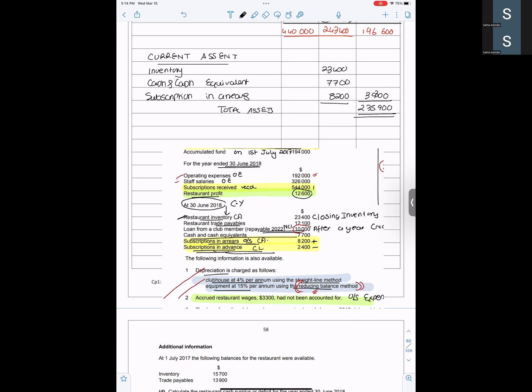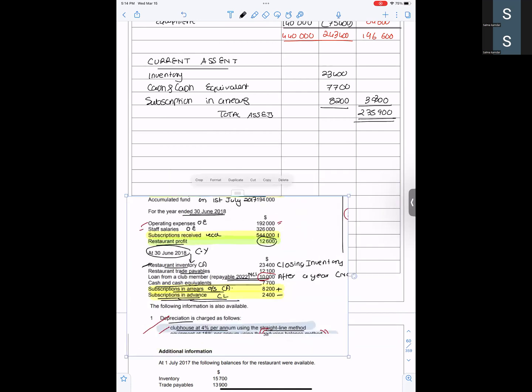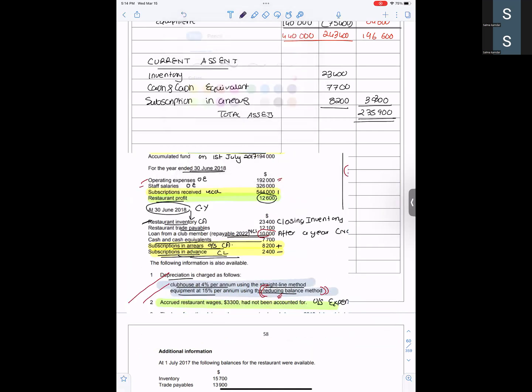Let's see. Then what will I do? I will start with the capital and liability section. So it is going to start with accumulated funds. Accumulated funds at the beginning of the year. So I would say accumulated funds at 1st July 2017.